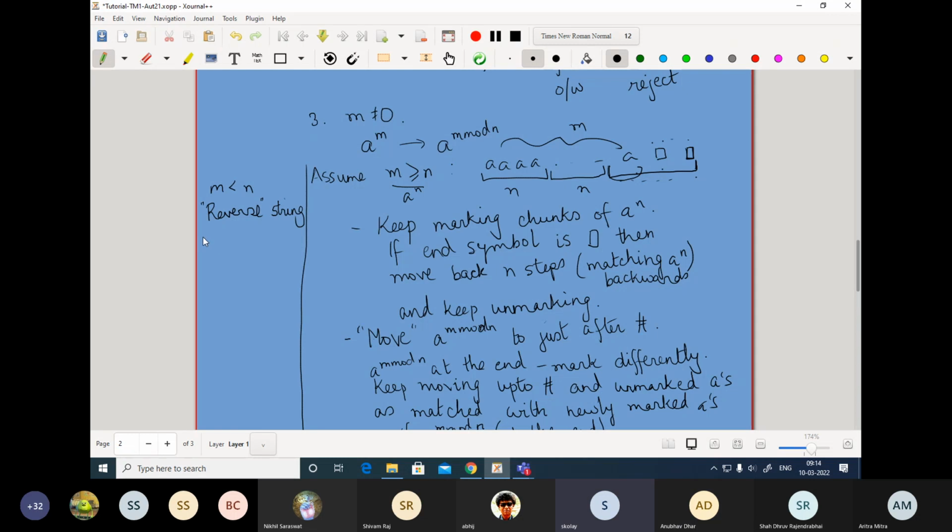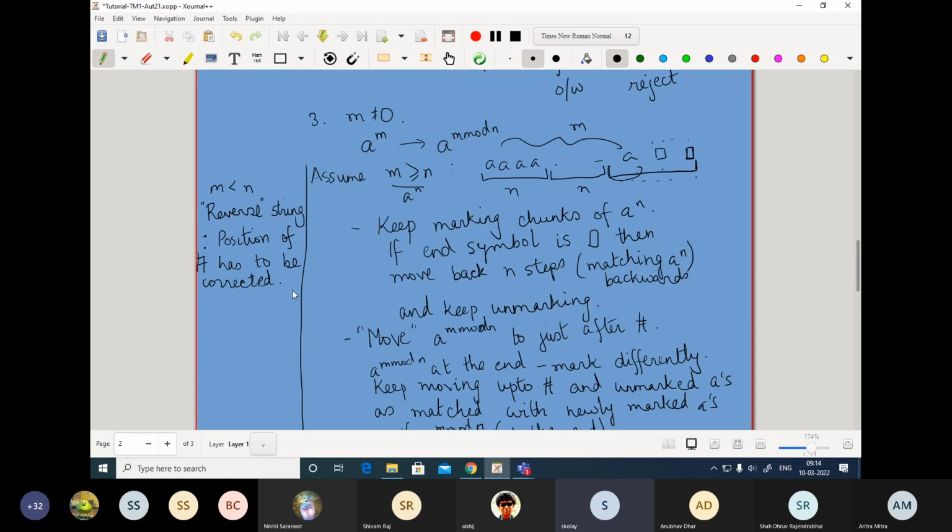Okay. So this you are doing as follows. The position of hash has to be corrected, because of the structure of the string.